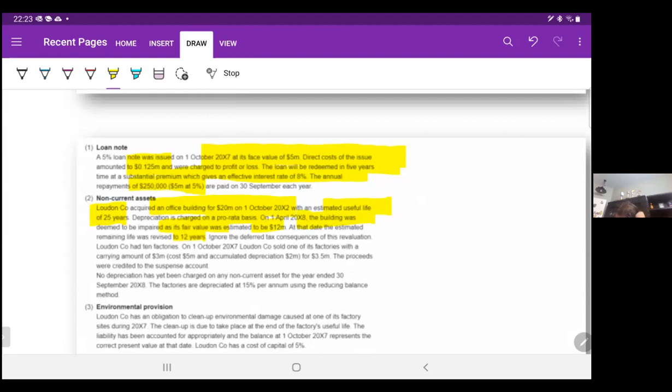Loden Company had 10 factories on 1st October 2007. Loden Company sold one, with accumulated depreciation of 2 million, for 3.5 million.